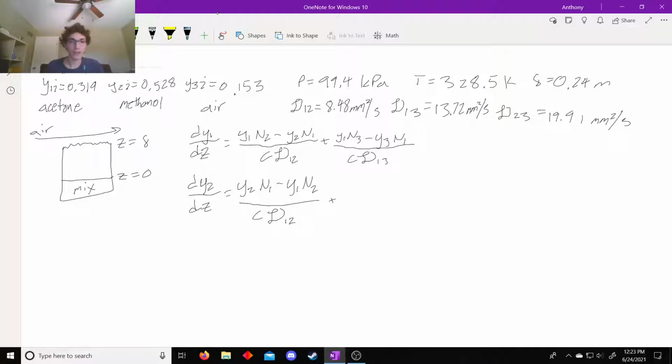And then we're going to add, again, the same thing. We're just going to replace 1 with 3. So now that we have these two written down, we'll do 2, 3.